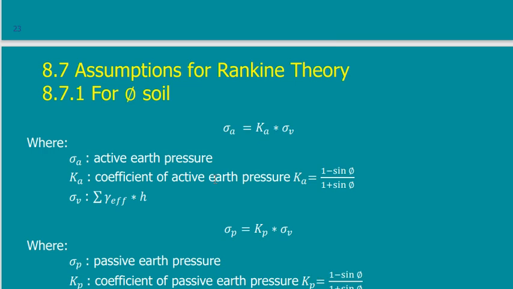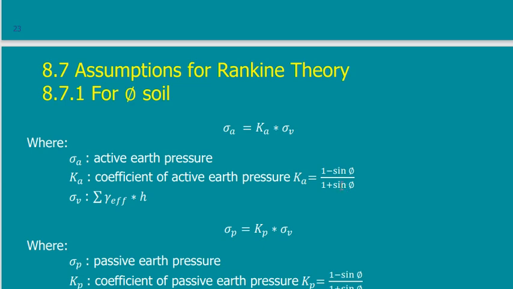But to calculate this, what did this theory give me? It gave me the value of K active. So K active, which is the coefficient of active earth pressure, is equal to 1 minus sine phi divided by 1 plus sine phi. So here you find that we are dealing with phi.